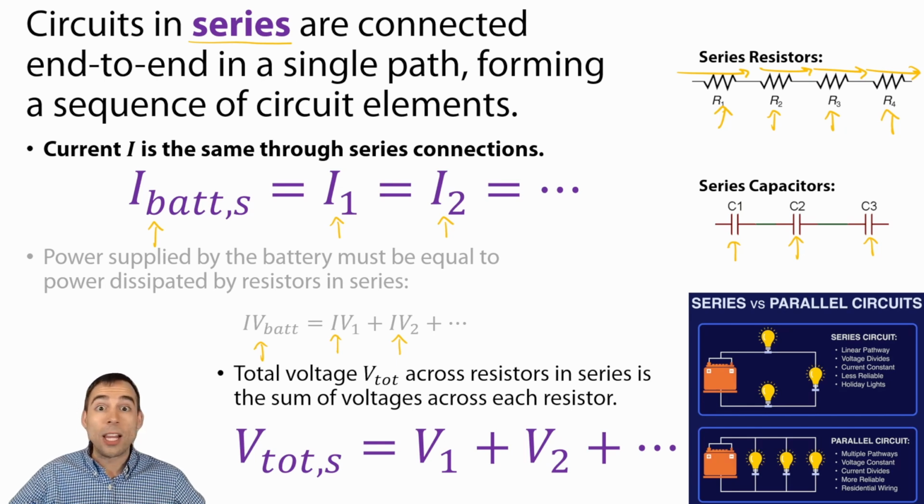The elements that dissipate energy are the resistors. So if we have a battery, the power output must be the same as the power dissipated by all of the resistors in a series. This means that the total voltage in a series circuit will be the sum of the voltages across each circuit element, added together based on how many elements you have.